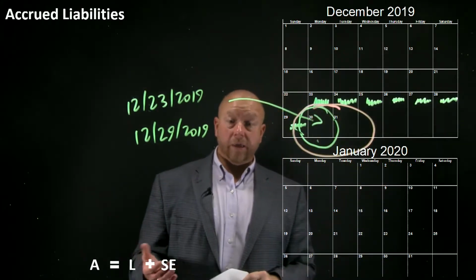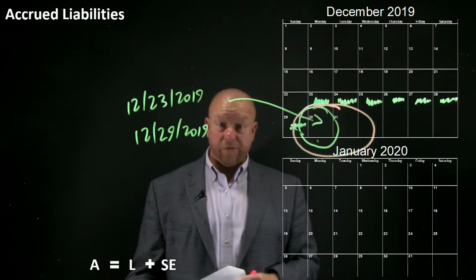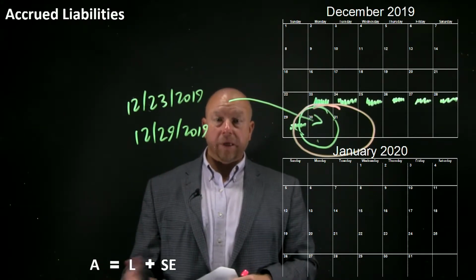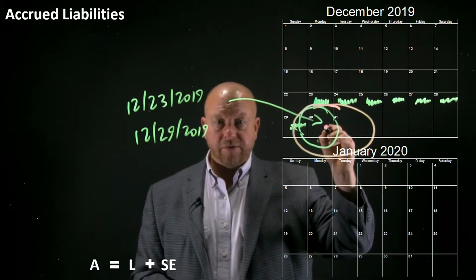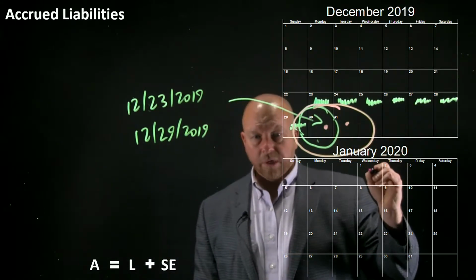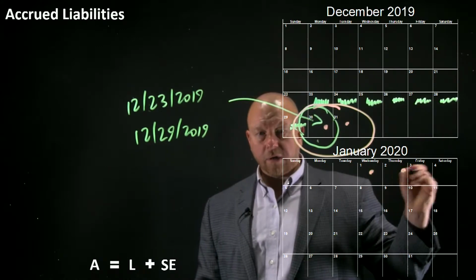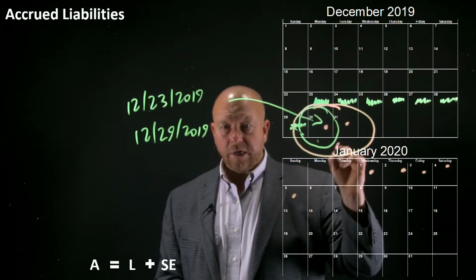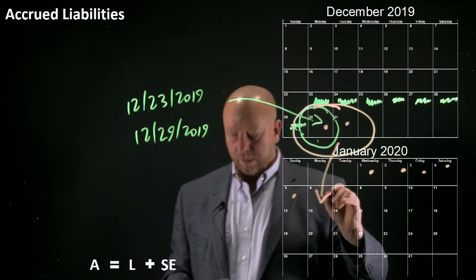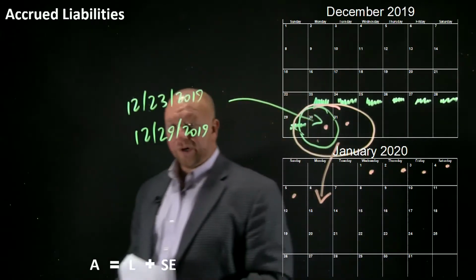I told you that our employees will be working for us on those days, but they're not going to get that paycheck because we're going to have this day, and then Happy New Year all the way through here. So these days right here are going to get paid on Monday, January 6th.